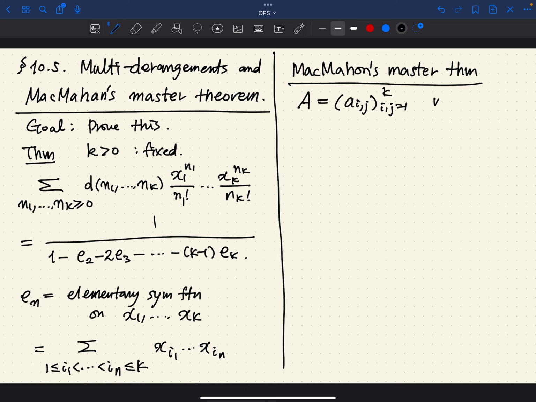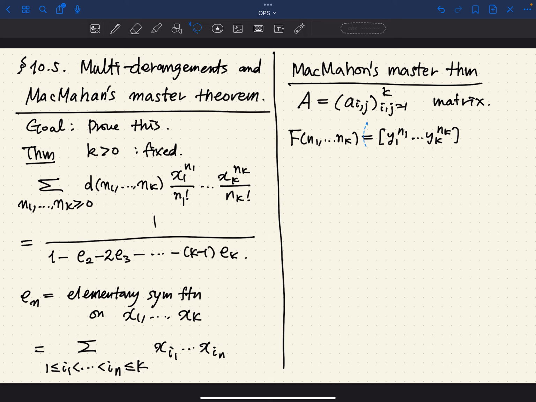It's some matrix. And the statement is not something that you see quite often. The statement looks a little strange, but it's a nice theorem.